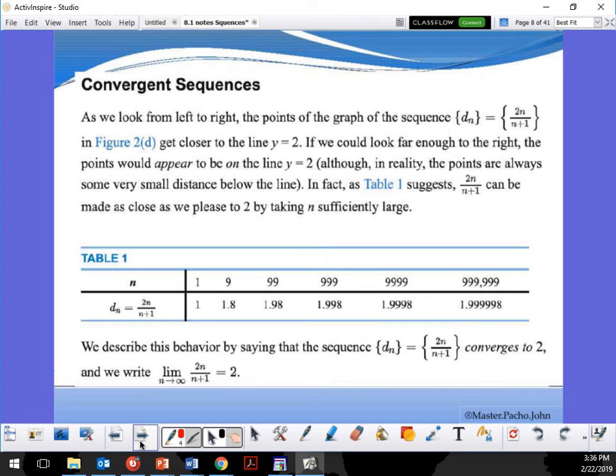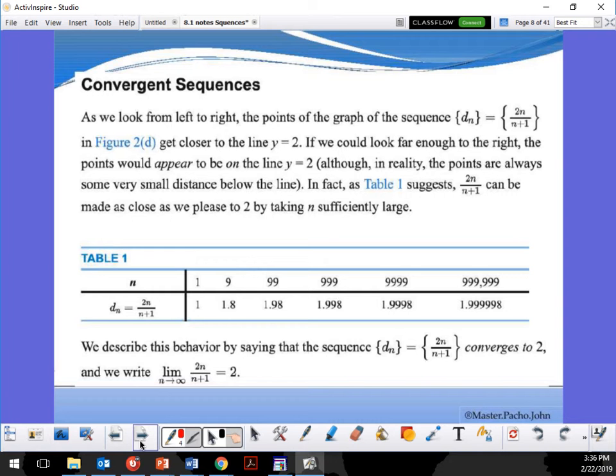If we look far enough to the right, the points would appear to be on the line y equals 2, although in reality the points are always a very, very small distance below the line. In fact, we can show that as n gets huge, it's getting closer and closer to 2.